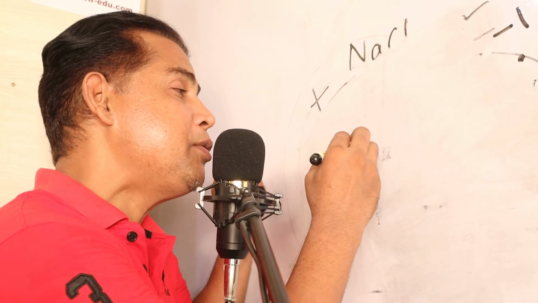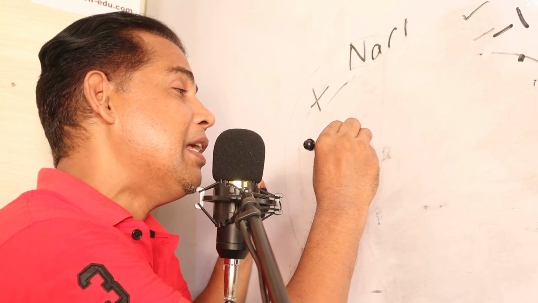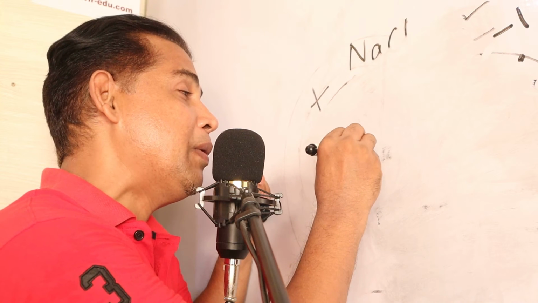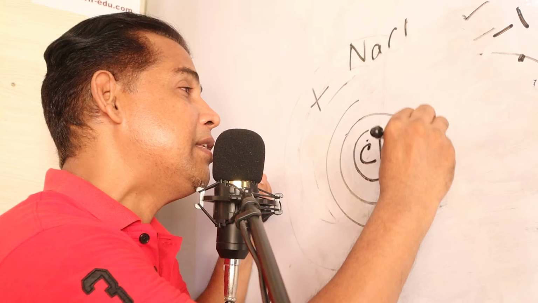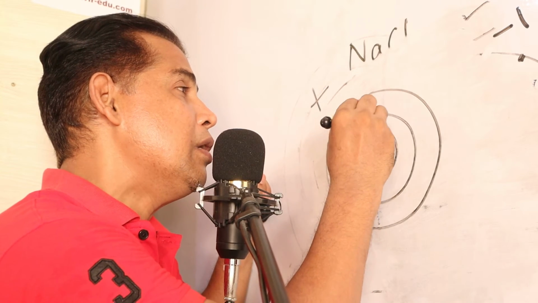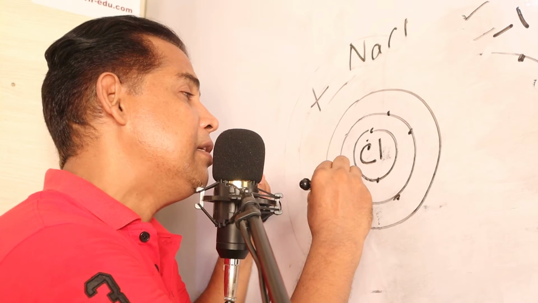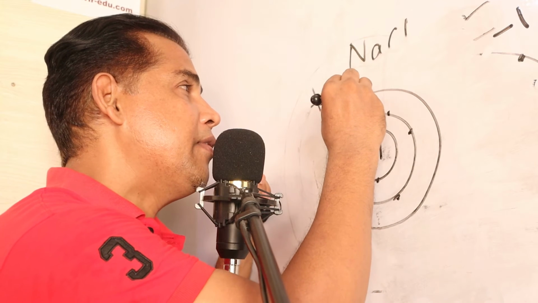But in some situations, you are watching chlorine. I told that for chlorine, this is 2, this is 8, and this is 7. This is 2, this is 8, this is 8, and the last one is 7.